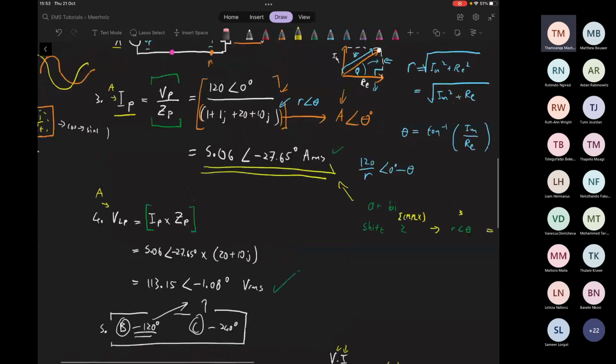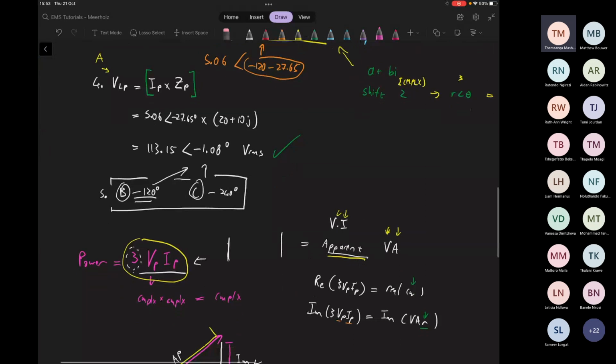All that would happen is that over here, where we just wrote an angle of 0 degrees, here we would actually write minus 120 for B. Then over here, we would get an additional minus 120, minus 27.65. That's just for the angle. The magnitude would be exactly the same, still 120 over there.